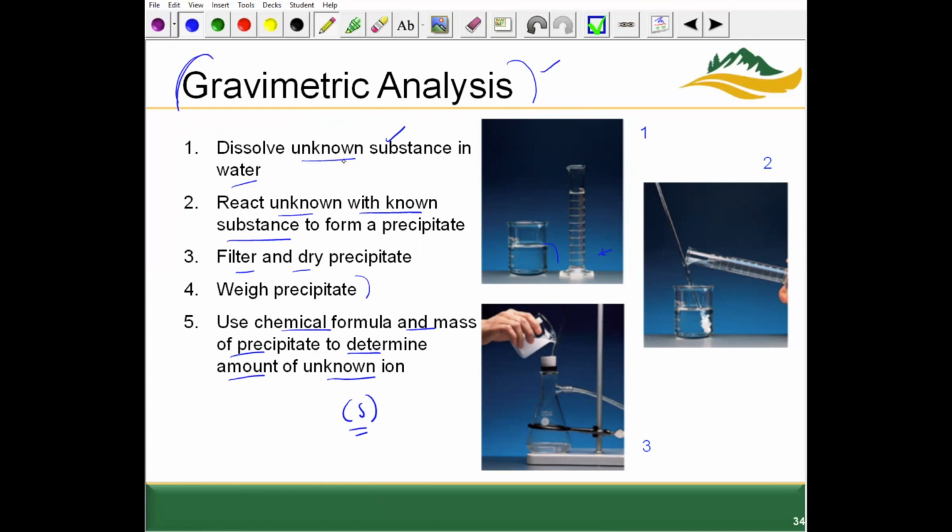So taking an unknown, then adding some known substance that will form a precipitate with that unknown, we can identify the specific ions that went into forming that solid precipitate. If we have no idea what the unknown is, it could take some trial and error to figure out the right known to add that would actually form a precipitate. But this is just the concept of gravimetric analysis.